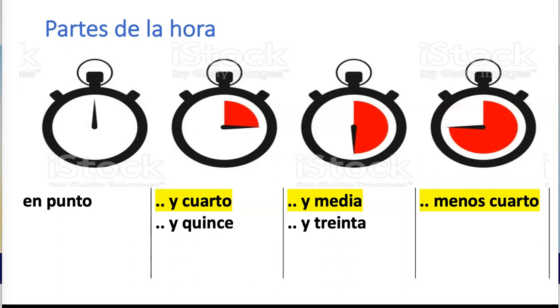Menos cuarto is the preferred, the correct way to use it. But if you use something else, you'd still be understood. You could say menos quince. You could also say y 45. Of course, the highlighted terms are the preferred terms and what I want you to use in class and especially on your tests.